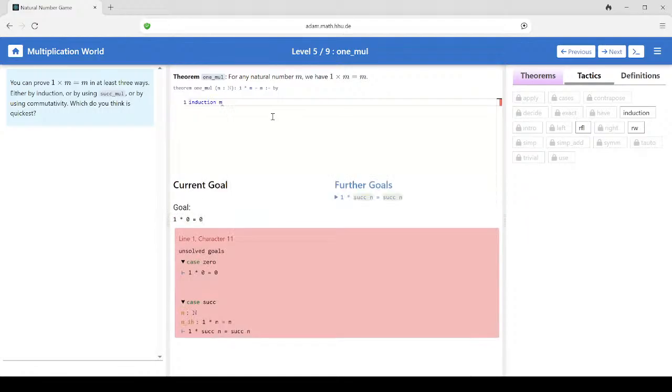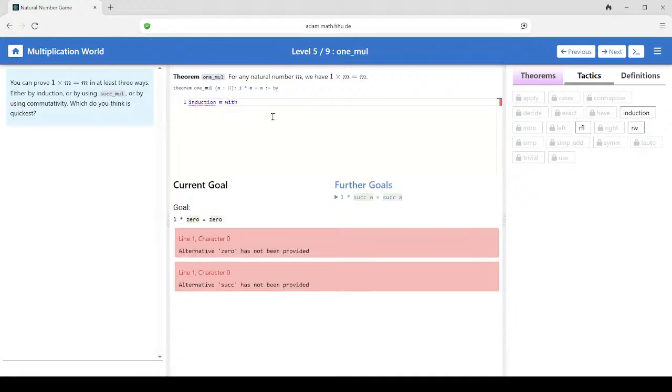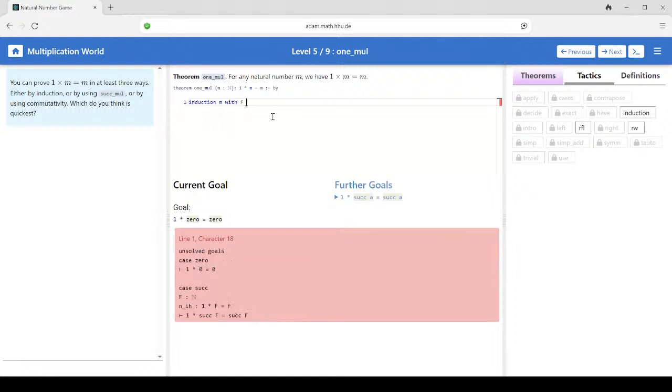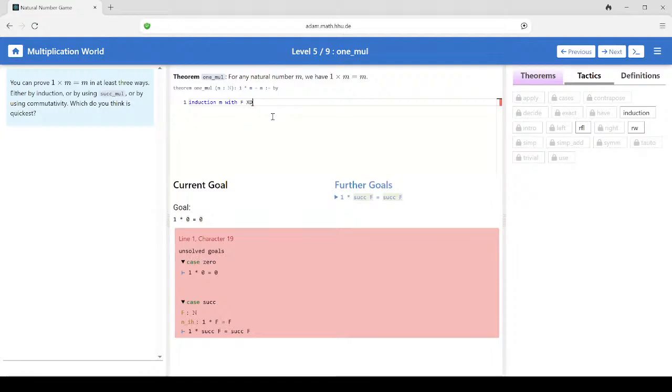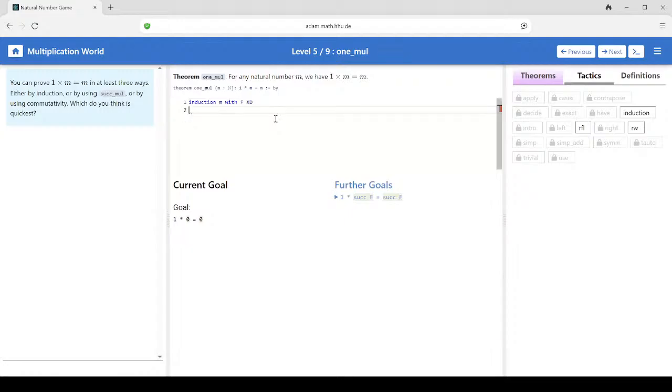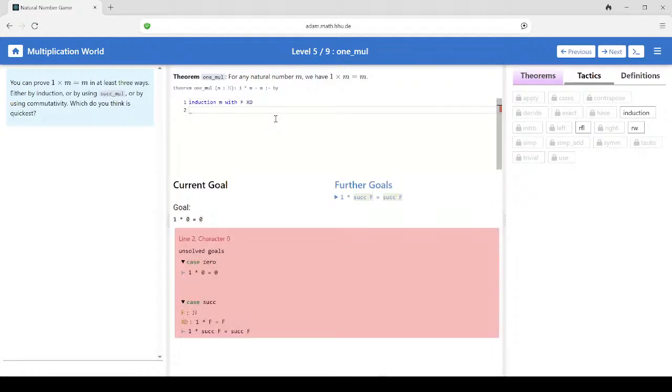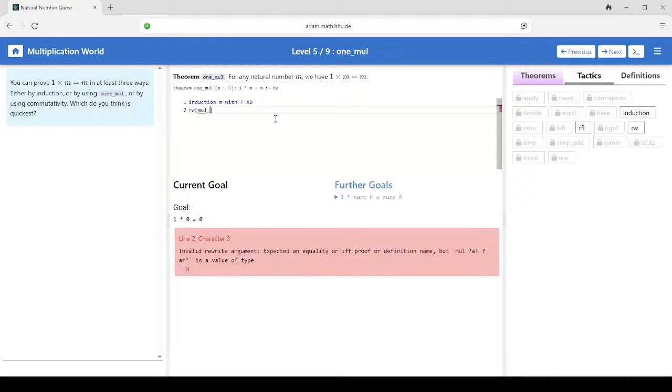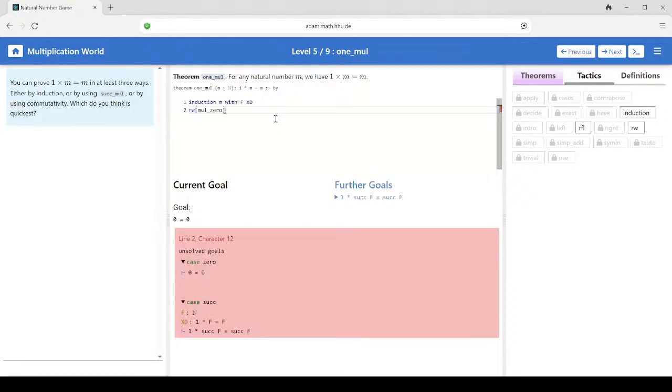Induction m with, I guess you can type whatever you want, f, XD. Anything times 0 is 0, so rewrite multiply 0, and yep, reflect.